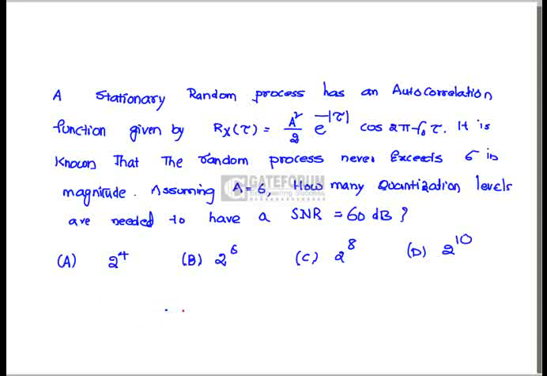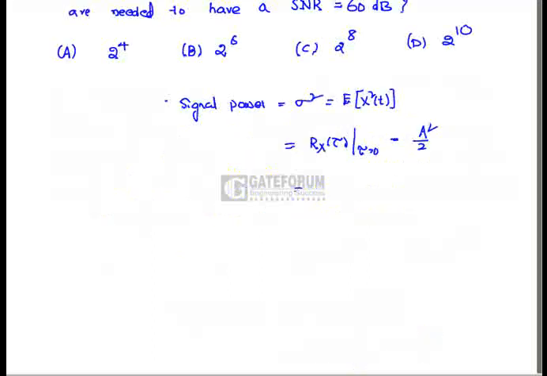Here the signal power, which equals the variance sigma square, equals the expectation of x square of t, equals Rx of tau at tau equals 0, whose value is given as a square by 2. With a equals 6, that is 36 by 2, that is 18 watts.